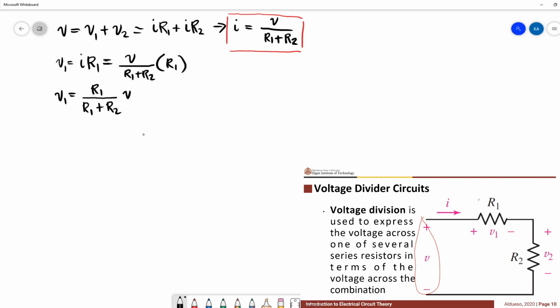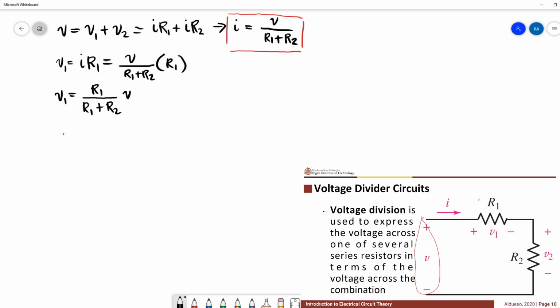So this is what is meant by expressing the voltage across one of several series resistors in terms of the voltage across the combination. So V1 here is the voltage across one resistor, and this V here is the voltage across the series combination of resistors.